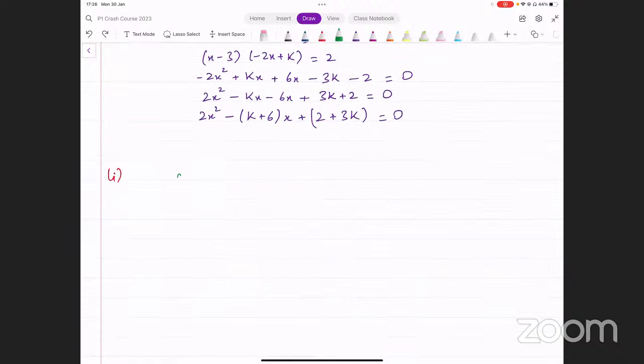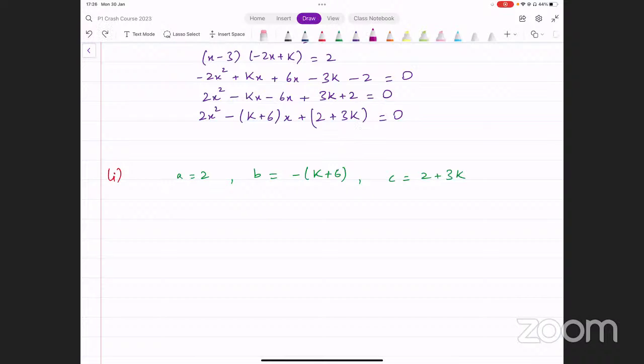What's the value of a? In place of a, we've got 2 here. In place of b, we've got this whole thing, which is minus into k plus 6. The minus sign is going to come here as well, because that's the coefficient of x, this whole thing. And the value of c is 2 plus 3k, because c is anything that does not have an x in it.